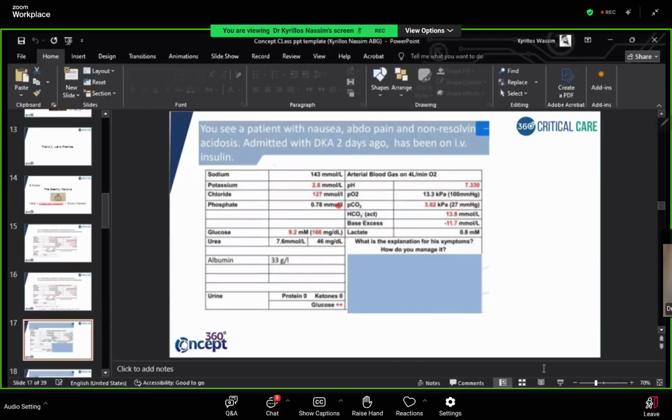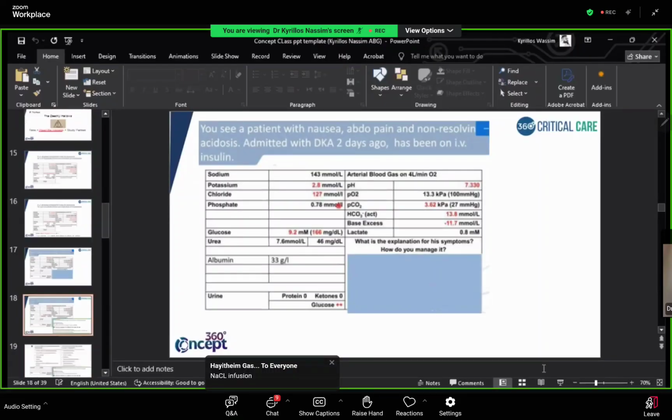The pH is low, and the CO2 is also low. So what will be our thinking? And the bicarb also is low. So the question is, what is the explanation for these symptoms and how would you manage it? Let's go to the answers.